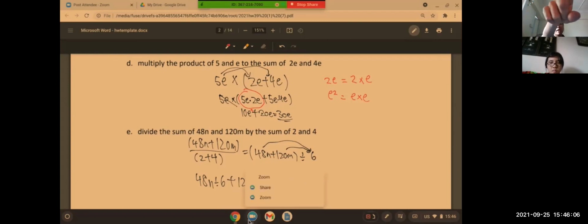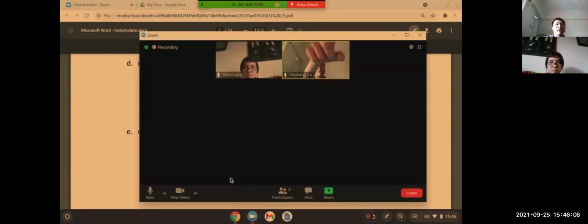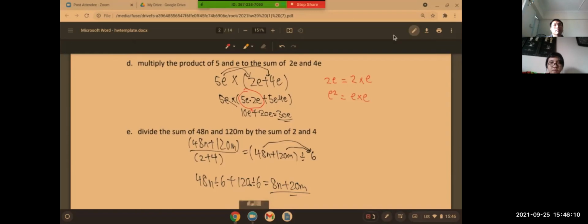Okay, then of course you can circle the 5E times 4E. Yep, circle that. Then you can see below your answer. So you have 10E squared plus 20E squared, so you should get 30E squared.